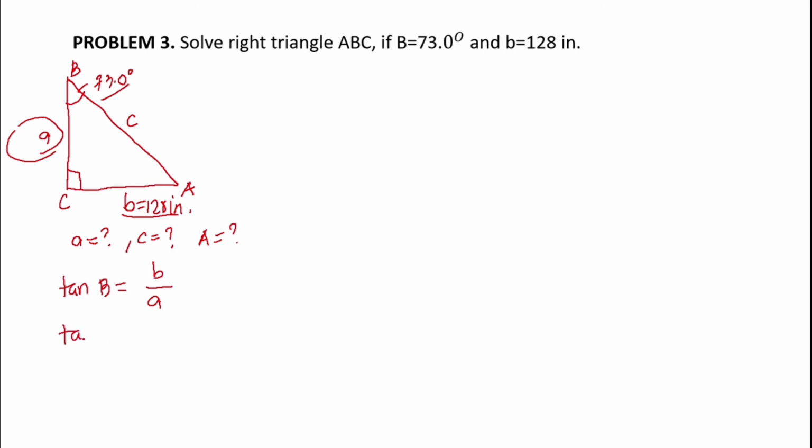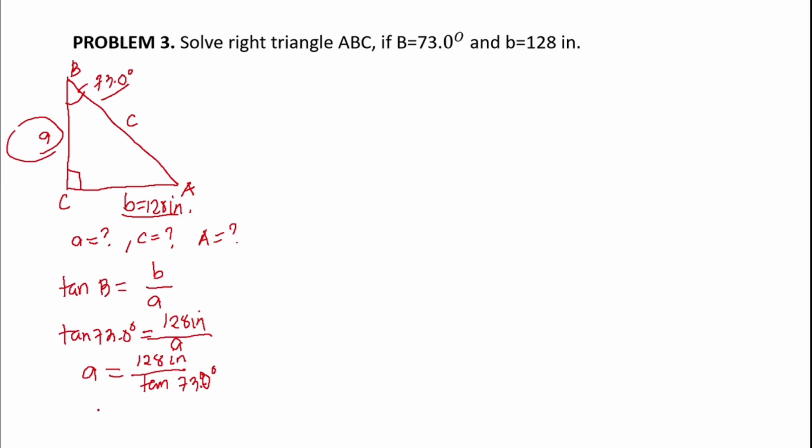So tangent 73.0 degrees is equal to B, which is 128 inches, over our a. Our a is equal to 128 inches over tangent 73 degrees.